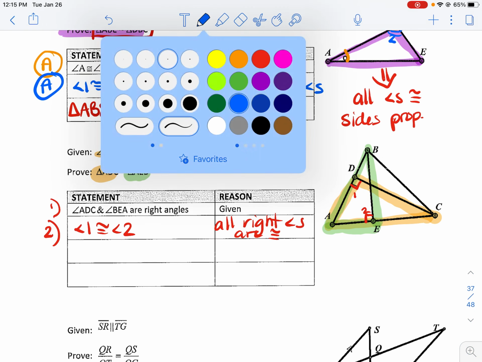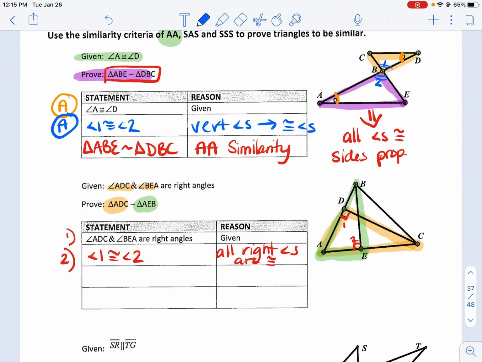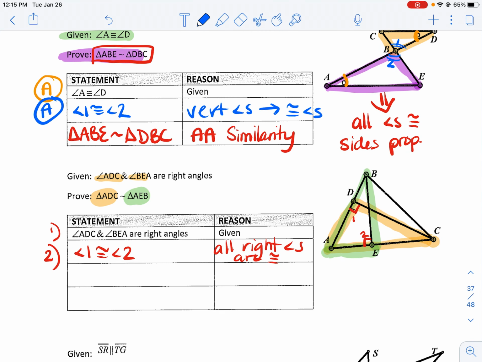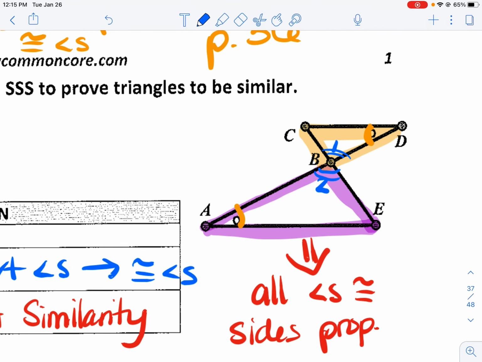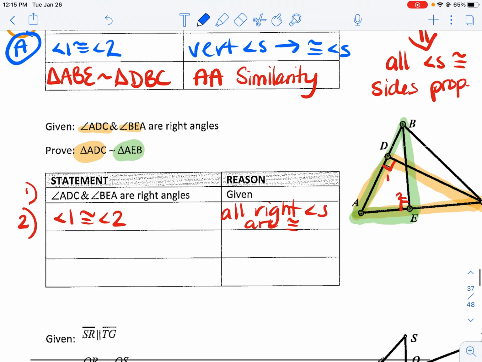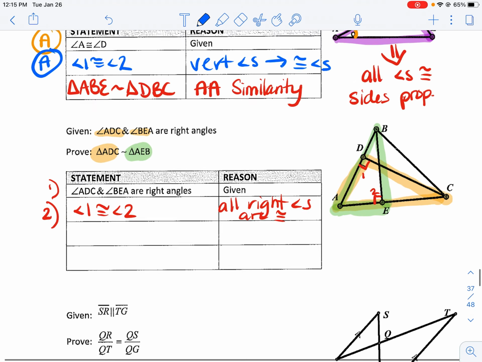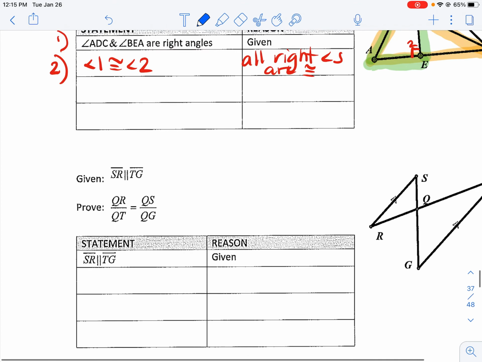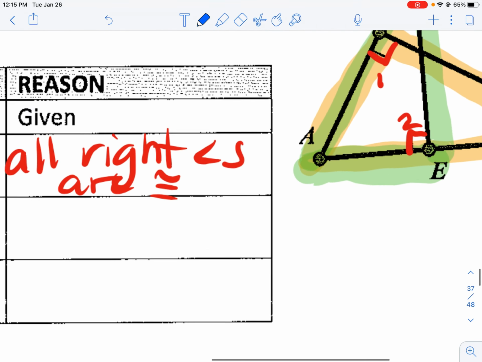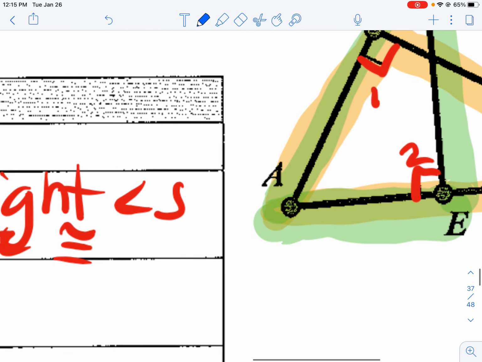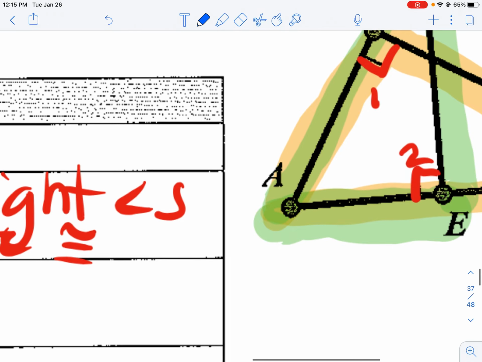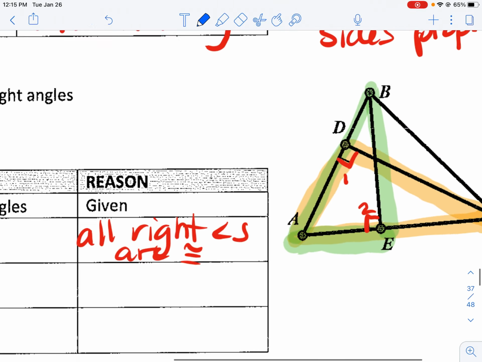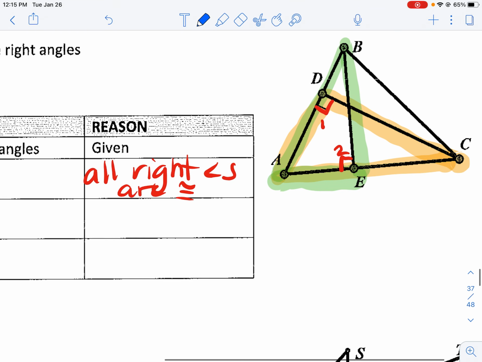Now, this is the part that might be a little tricky. Remember back when we were doing proofs, we said, hey guys, almost every proof has one of two things. They either have vertical angles like we had back here, or they have something called the reflexive property. Now this reflexive property is a little bit different. If I look, oops, sorry guys, I'm going to zoom in here. If I look at angle A, do you guys see how angle A is both in the orange triangle and the green triangle?